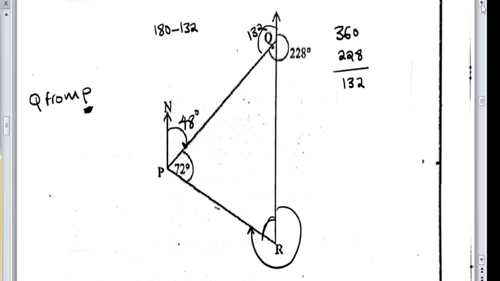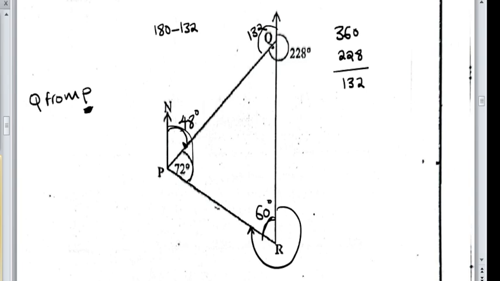Now let us look at that. If we add these two angles, I want you to know that this whole angle and this angle should add up to 180 degrees. So if I add 72 and 48, that is 120. So 180 minus 120, I'll get 60 here.